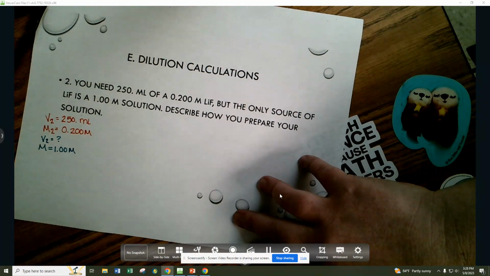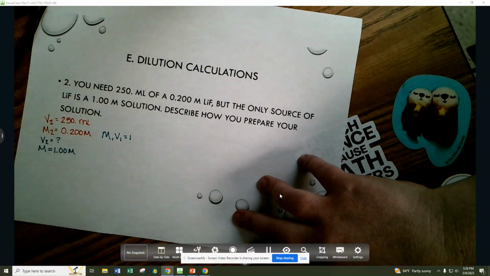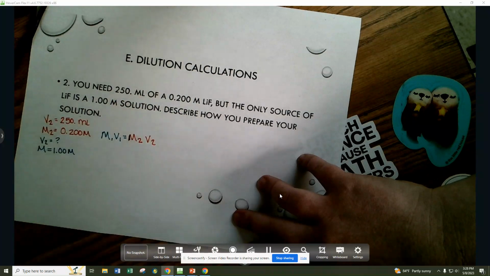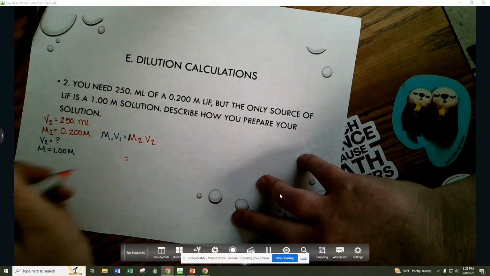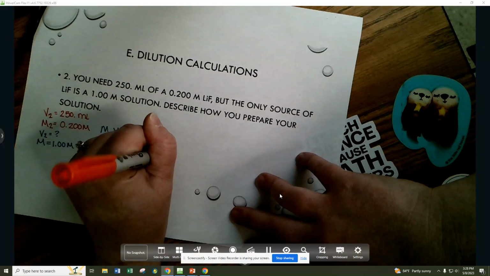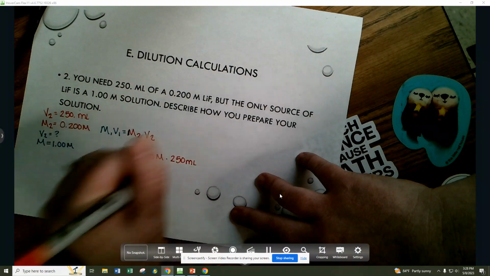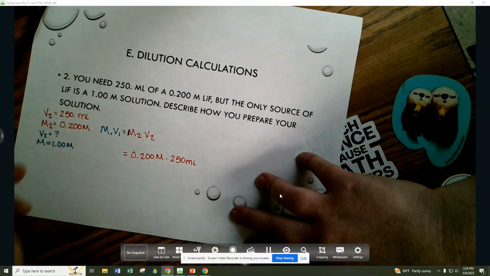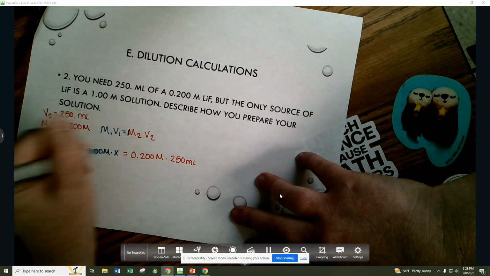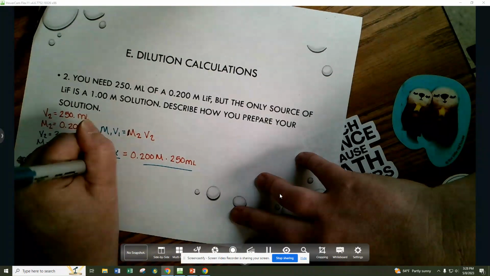So again, the foundation here is that M1V1 is equal to M2V2. I'm going to plug in my 2. So my molarity is 0.200, and I need 250 milliliters. My M1, I know it's 1 molar, and I need to know how much of this strong concentrated solution I need, so we're going to divide by 1.